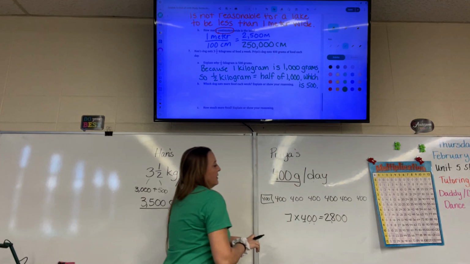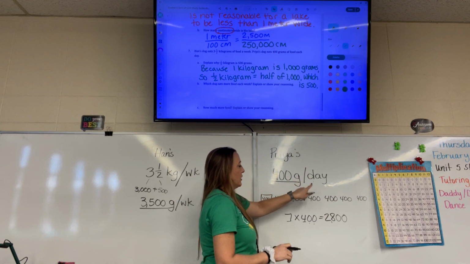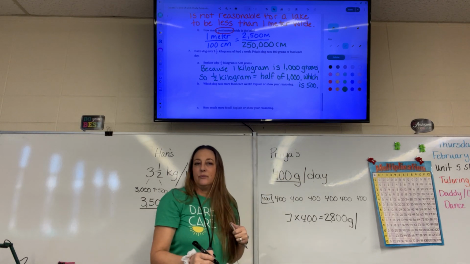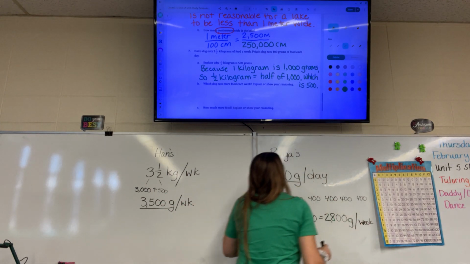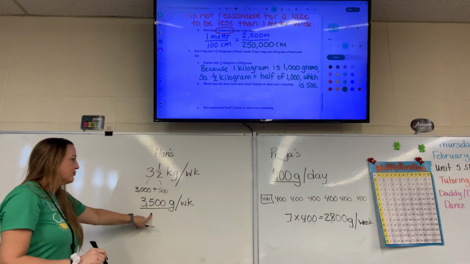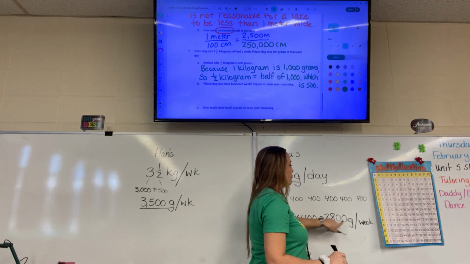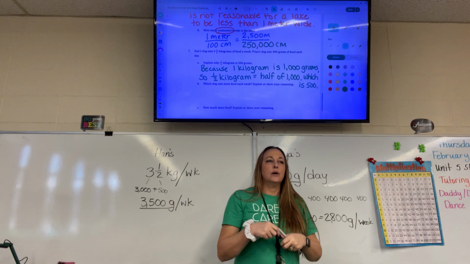So now we've got it into grams per week. Okay. So now we know that Han's dog eats 3,500 grams per week and Priya's dog eats 2,800 grams per week. Whose dog eats more, Cameron?